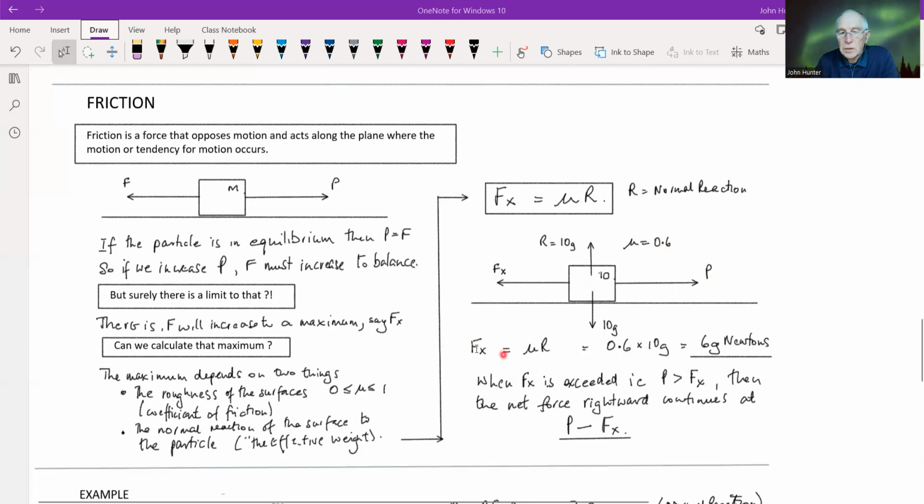And in this situation, well, Fx equals mu R. So here we're just calculating our maximum friction. So that's 0.6 times the reaction force, which is 10g. So the maximum friction is 6g newtons.